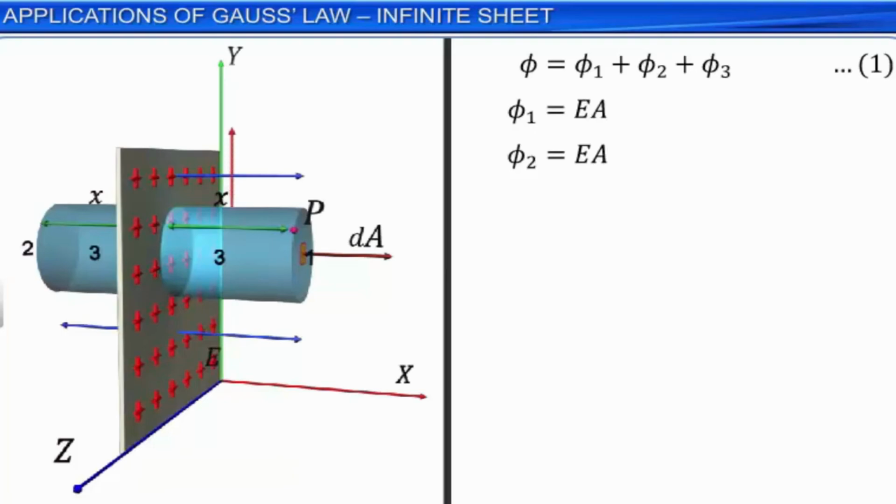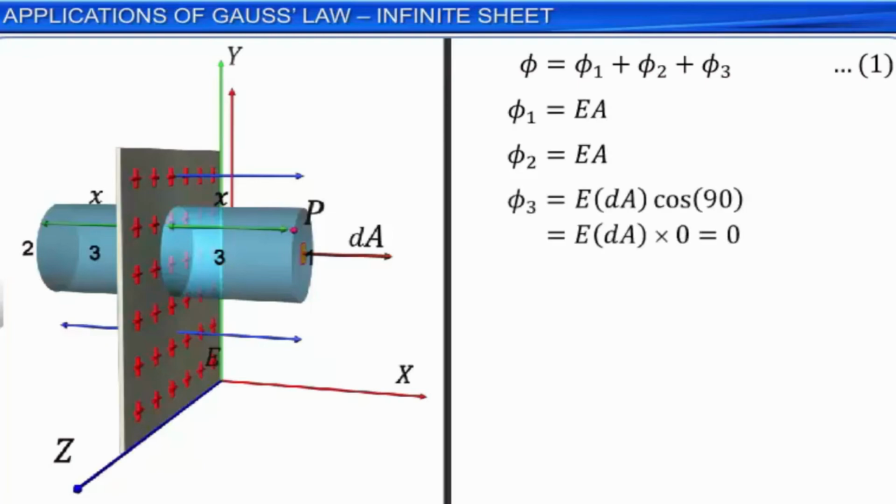As the angle between the area vector and the direction of the electric field is 90 degrees, and as cos 90 degrees is 0, we have the flux Phi 3 is equal to EdA cos 90, which is equal to 0. Hence, no flux passes through this surface. Thus, the flux Phi 3 through this surface is 0.